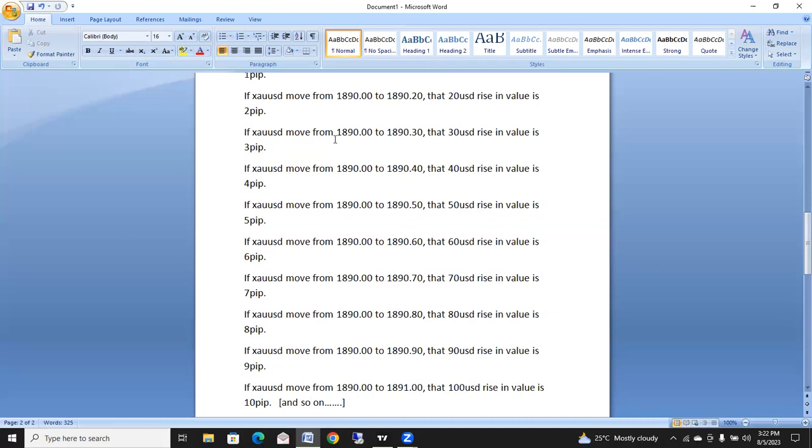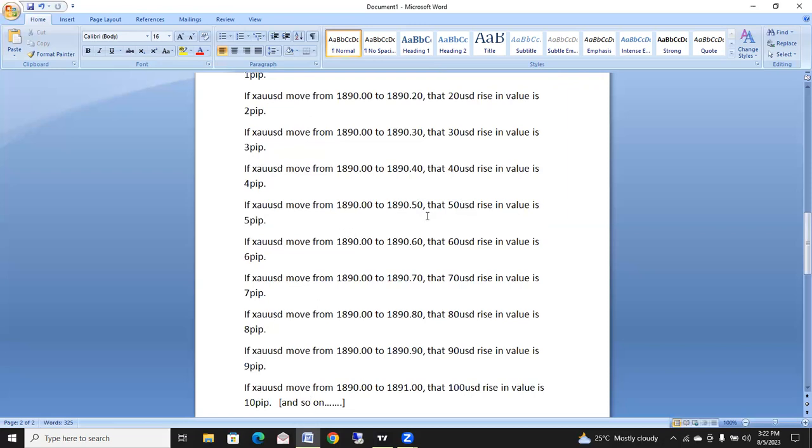If gold moves from 1890.00 to 1890.30, that 30 USD rise in value is 3 pips. If gold moves from 1890.00 to 1890.40, that 40 USD rise in value is 4 pips. If gold moves from 1890.00 to 1890.50, that 50 USD rise in value is 5 pips.